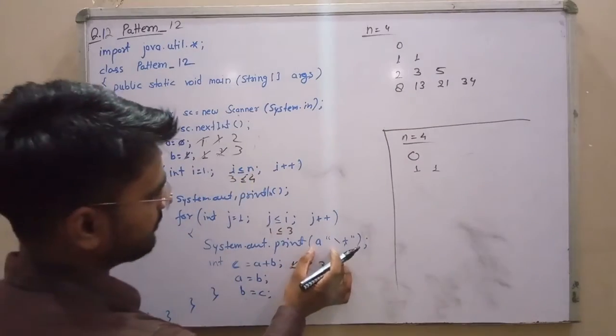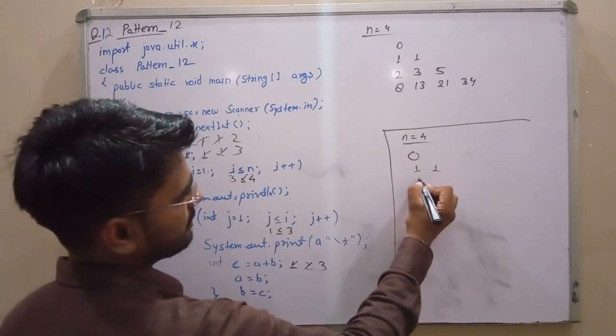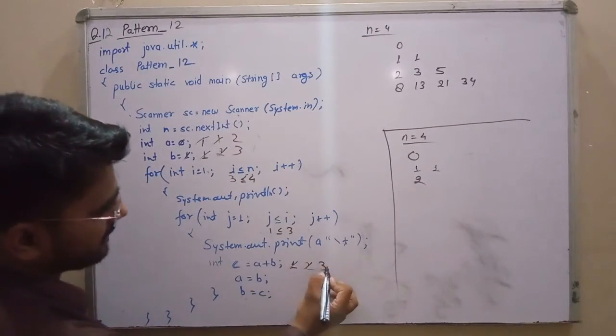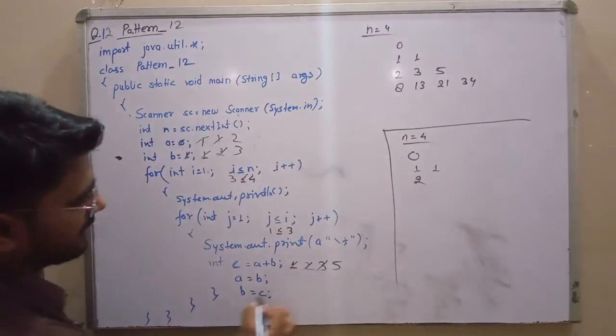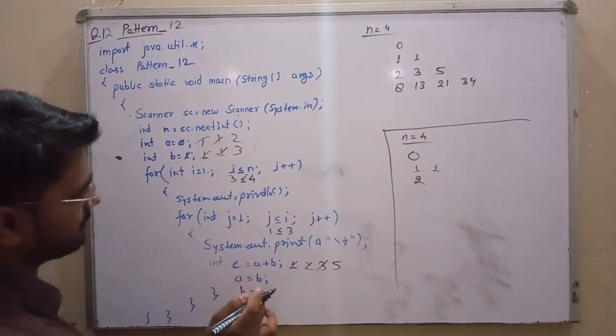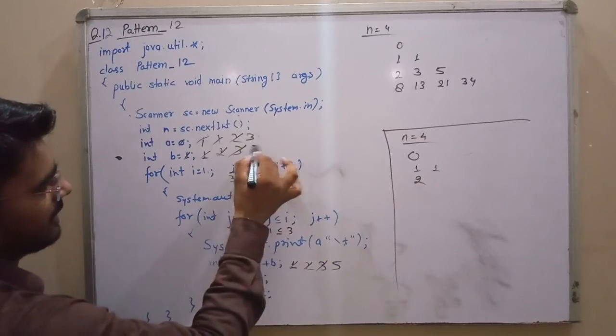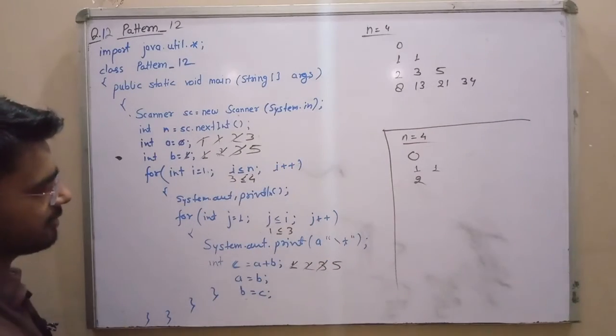Okay, then again print a, so print a here is 2. After this, run a plus b, 3 plus 2 is 5, here the value is 5, and a loads the value of b, so here load 3, b loads the value of c, which is 5, so here load 5.